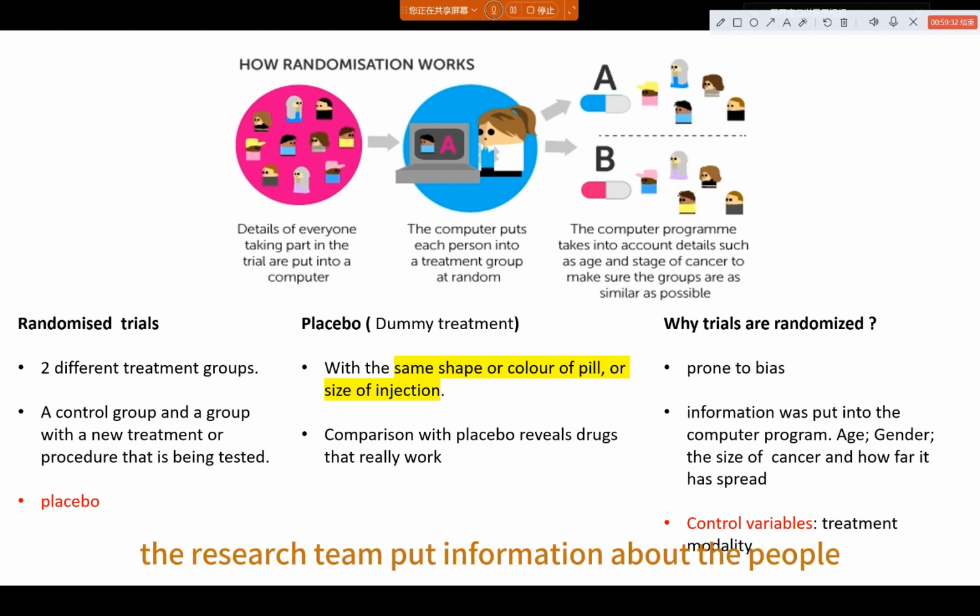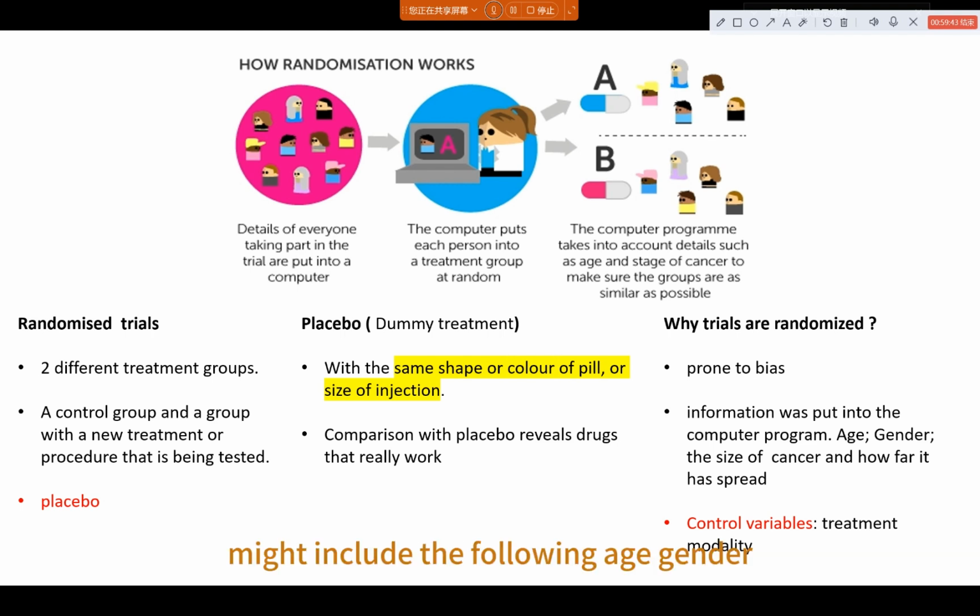The research team puts information about the people taking part into a computer program. This might include the following: age, gender, the size of the cancer, and how far it has spread.